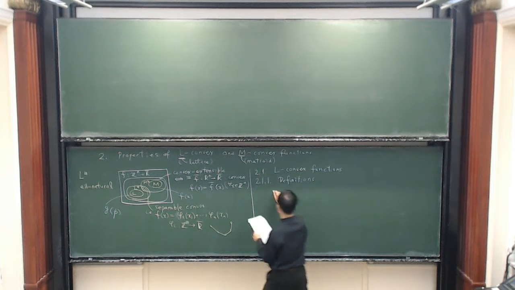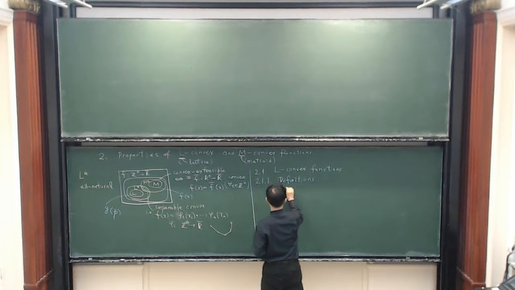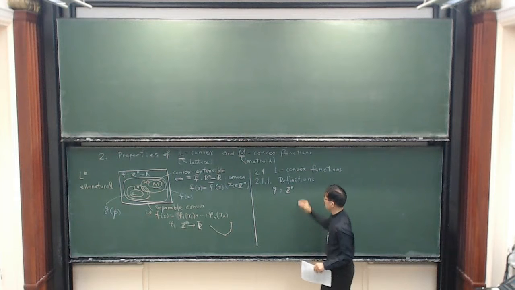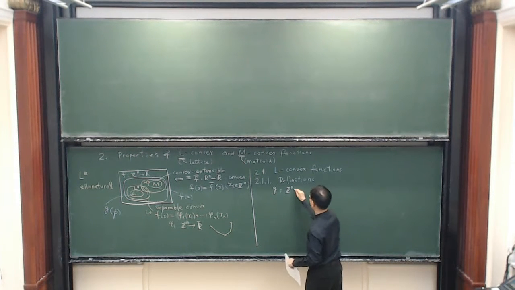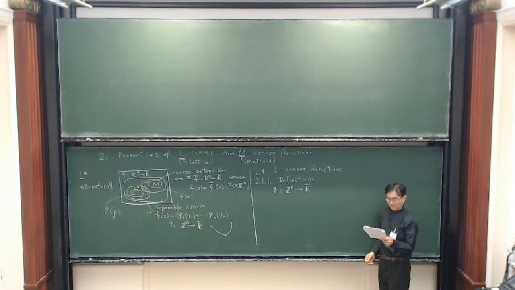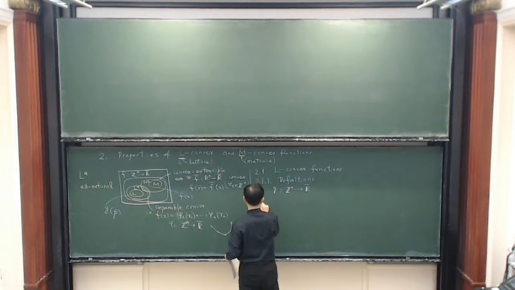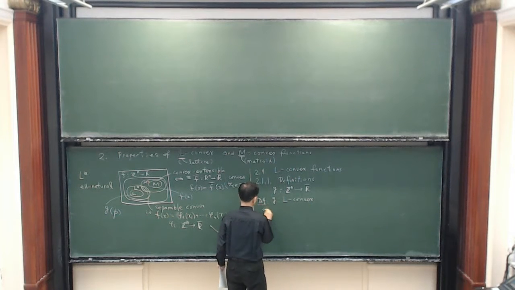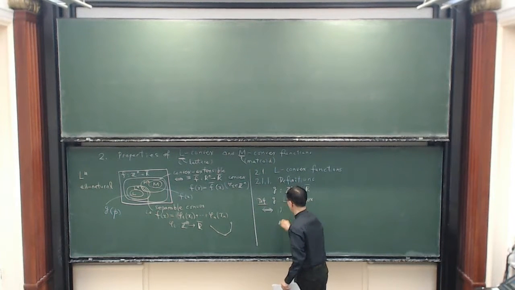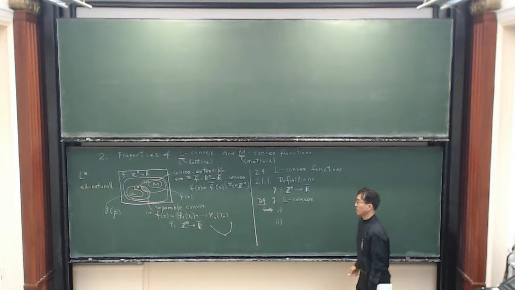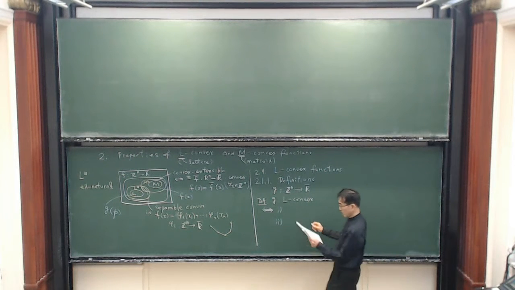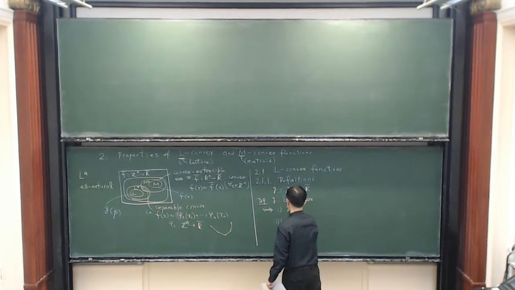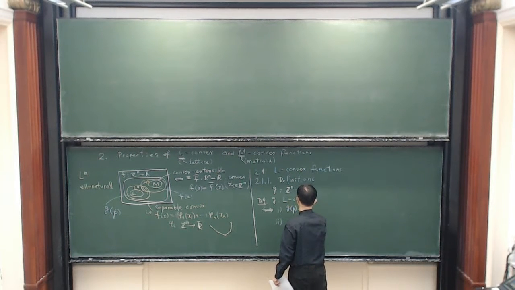And so now I have a function g defined on integer points and taking values, possibly infinity. And the definition is that g is L-convex if and only if two conditions are satisfied. The first is submodularity. This is a familiar inequality to you.